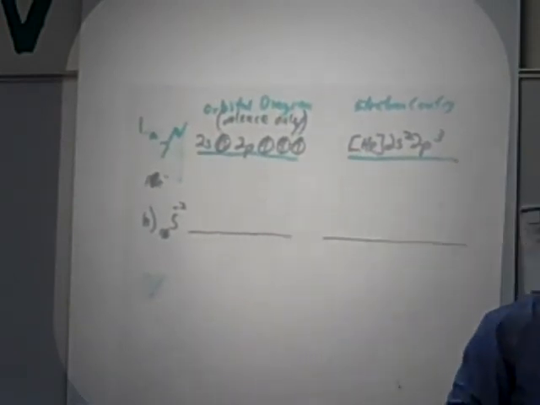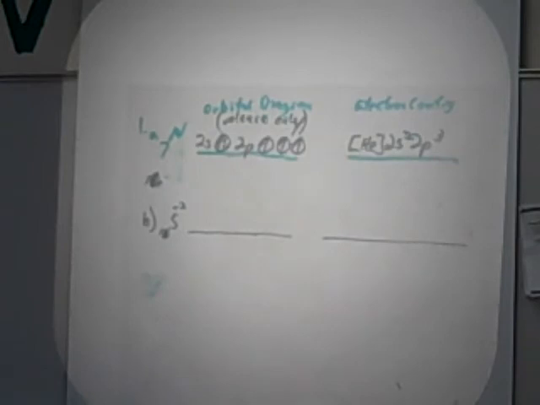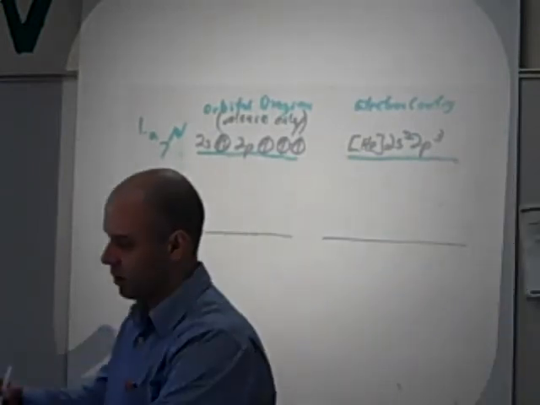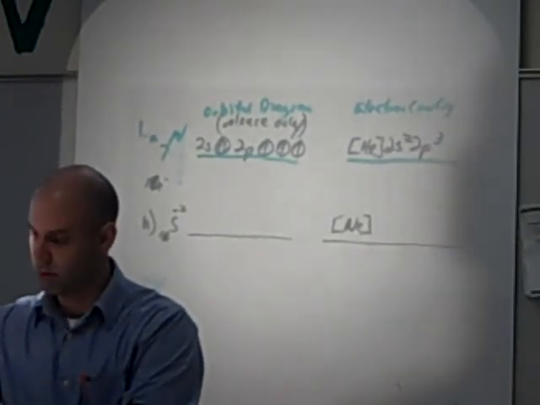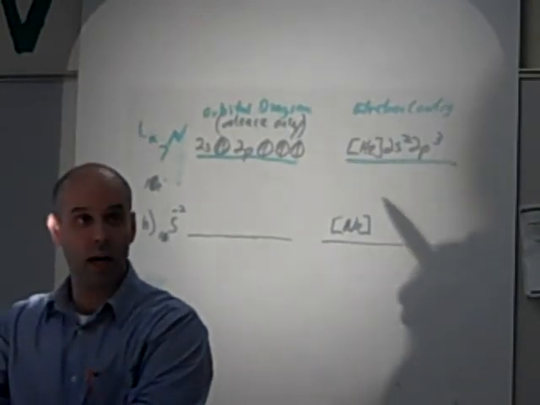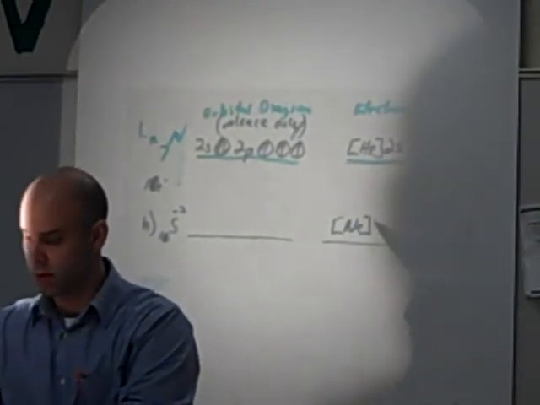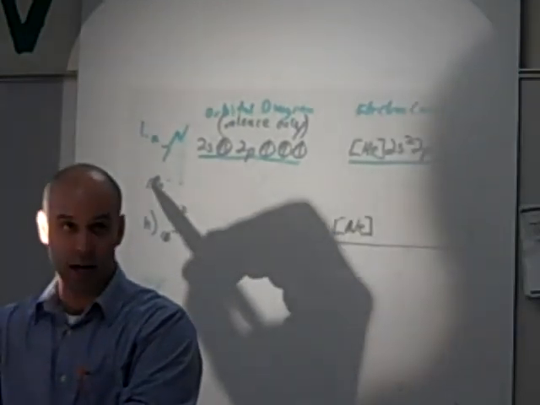So for the noble gas core, the previous noble gas is neon. And neon has 10 electrons, so that takes care of the first 10.